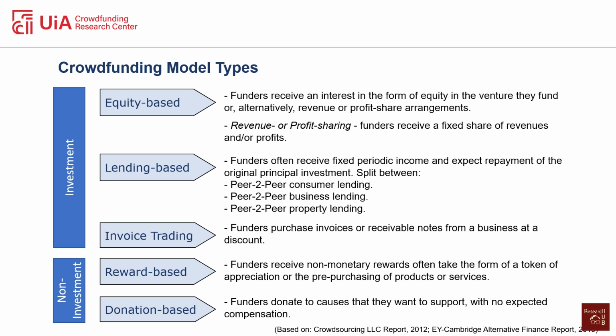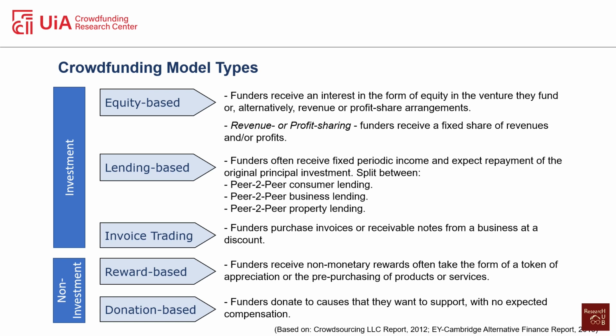A different model is lending-based, and that is the biggest and most substantial model all over the world, by far. Here, it's traditional loans, but the source of the funding comes from the crowd, from people like me and you.